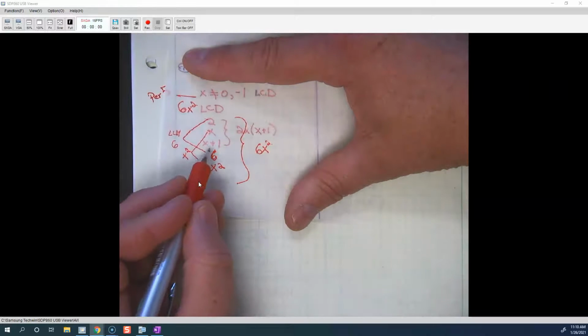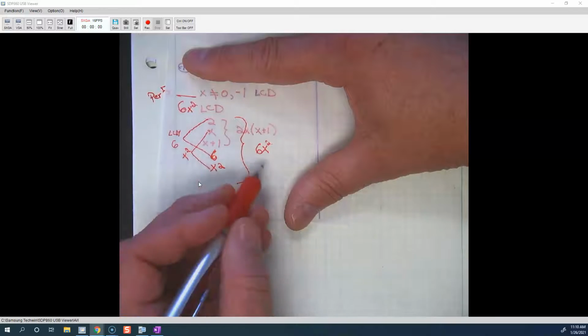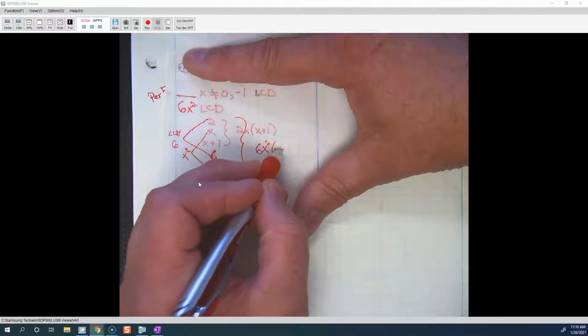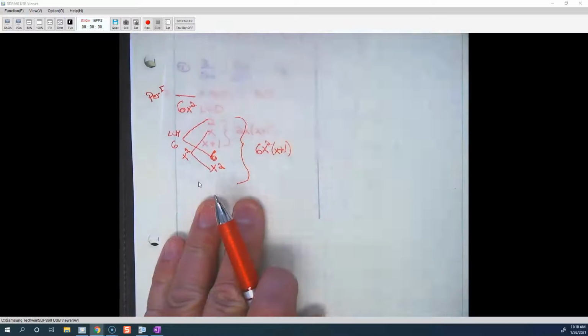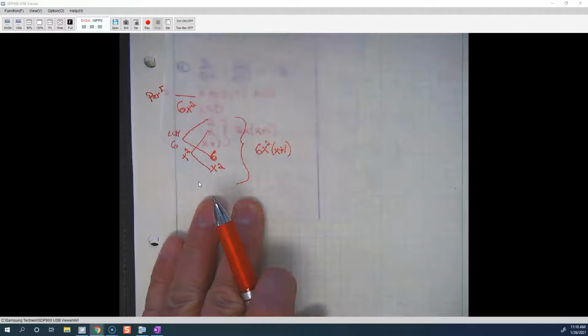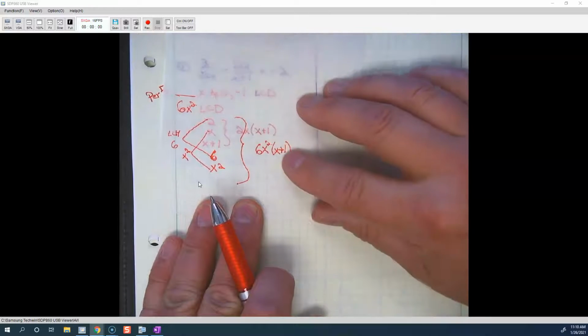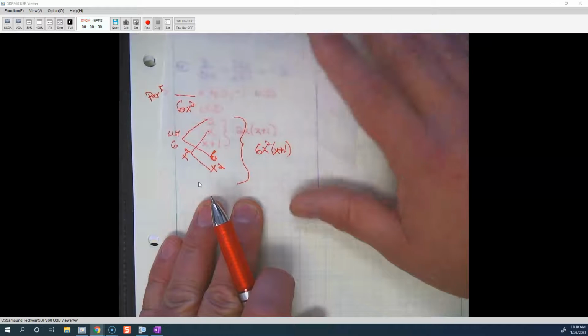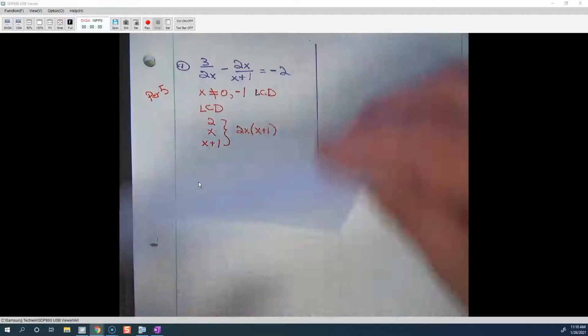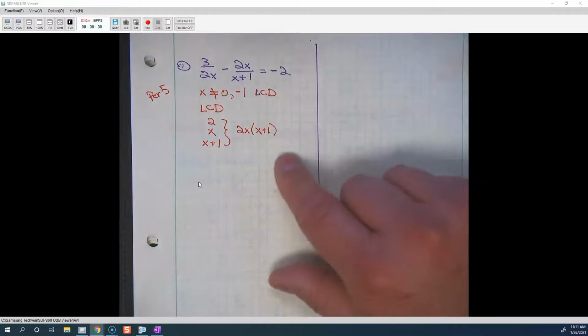And now the x plus 1 is unique, it's by itself, so we multiply by the unique factor. And then that would be our least common denominator. We'll do that as we go through this.